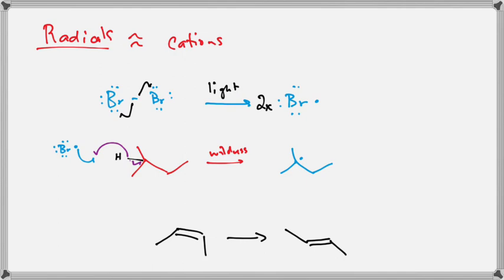Now what do I want to do to it? React it. What could I potentially put near that bromine radical? There's no Br plus, there's Br minus.